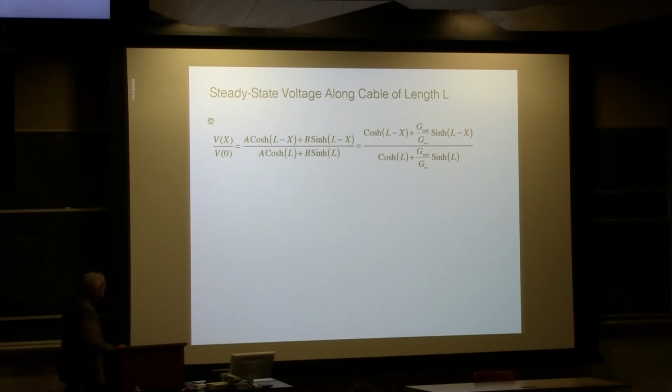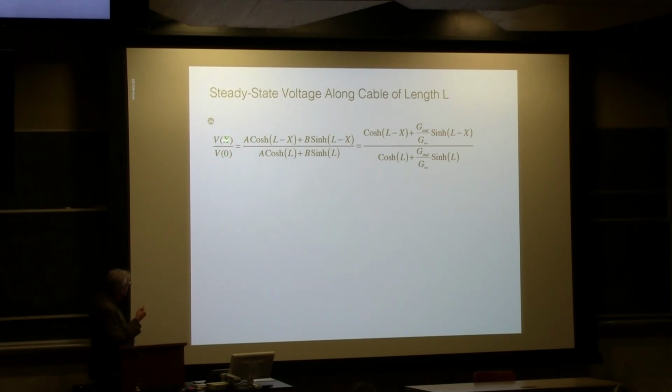And if you've already got an expression for voltage, then if we divide by the voltage at the starting point of the cable, we can derive an expression for how voltage decays along the cable at any location x relative to point 0, and it's this formula here. So this was buried in another derivation in a slide that I really skipped over, and I just showed you the solution.